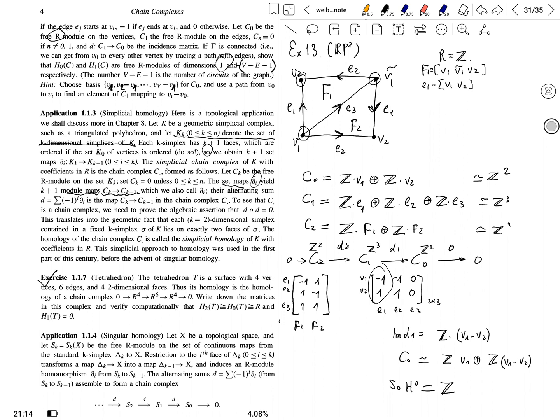Correspondingly, F1 is mapped to, sorry, by the orientation we just fixed, the boundary of F1 should be E3 plus E2 minus E1.